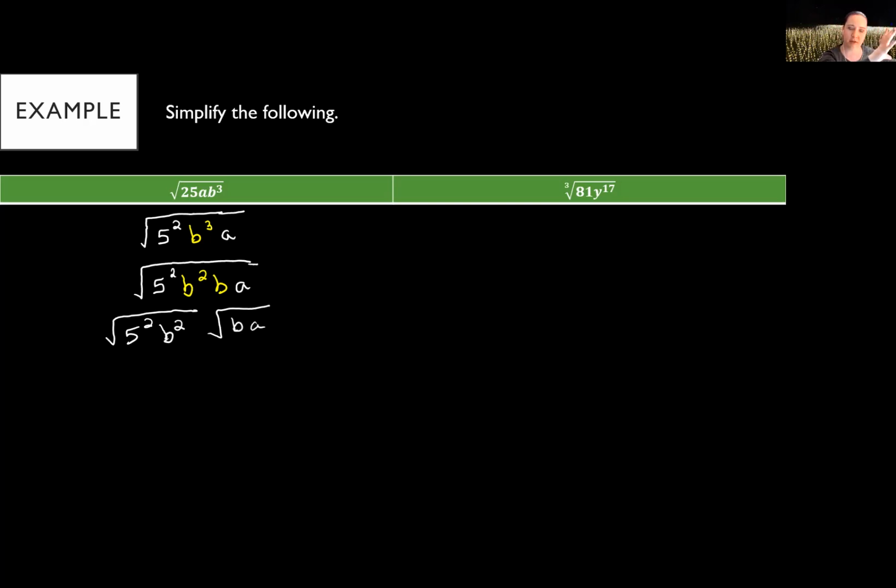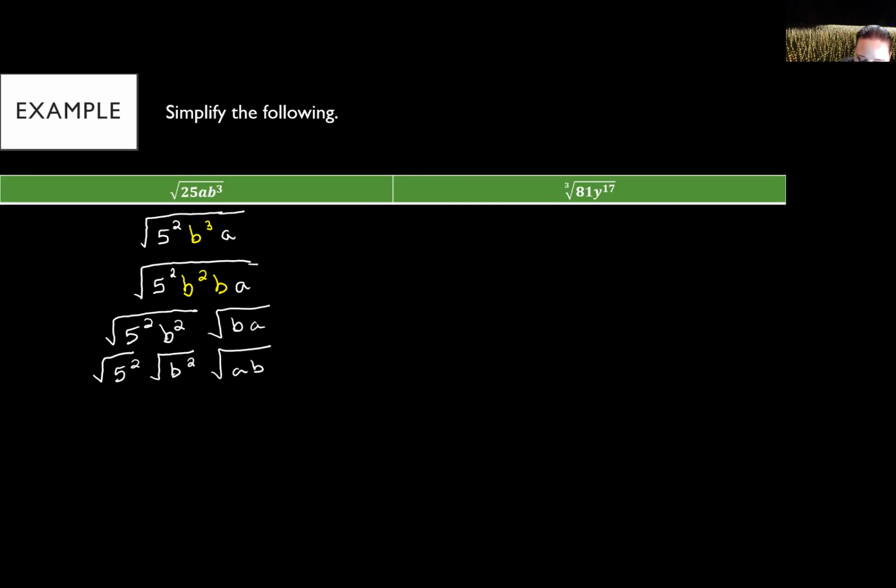So I split the things that I can divide my exponents by 2 and the things I can't. I could split those up more: the square root of 5 squared, the square root of b squared. I normally skip this step, but you can do that.